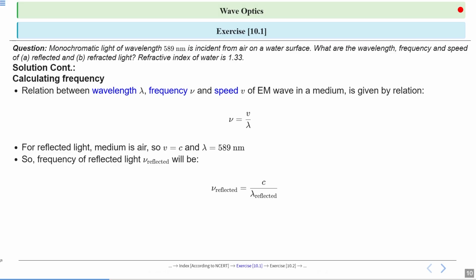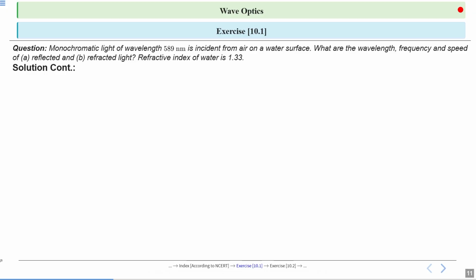So substituting the values into the formula, frequency is equal to 3 into 10 to the power 8, that is the value of c, divided by 589 into 10 to the power minus 9 meter, that is the wavelength of reflected light.